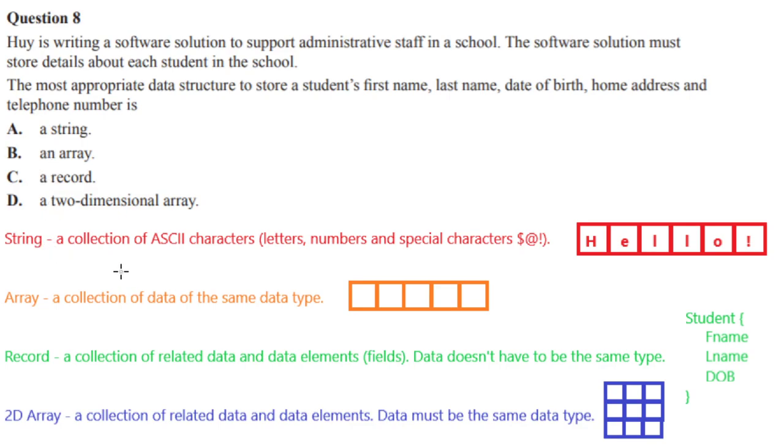So a string is a collection of our ASCII characters. Remember, ASCII characters can either be letters, numbers, or special characters. I've just got a little example of what it might look like if you were to draw one out.